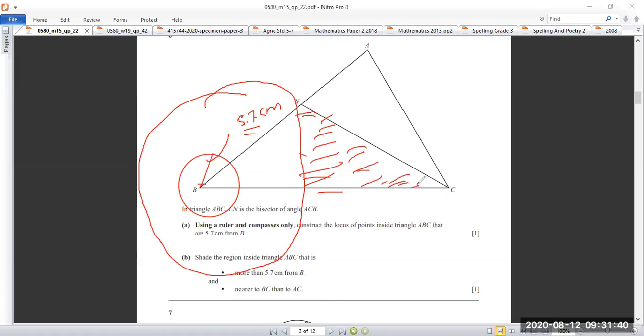So this will be the region that we will be shading. Okay? So if you are done, please tell me, because you need to construct this one appropriately.